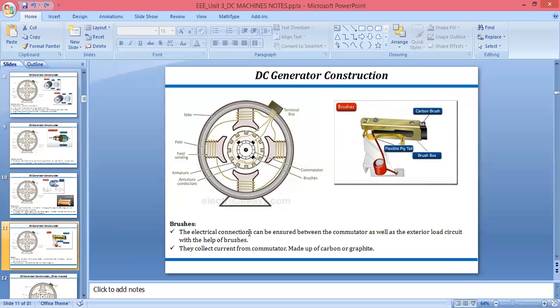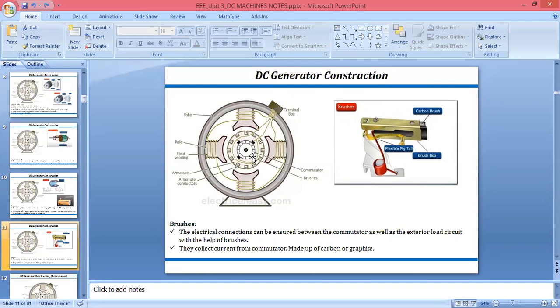These brushes are used so that electrical connections can be ensured between commutator and the exterior load circuit. मतलब we can make electrical connections between this commutator and the outer side by using these brushes.